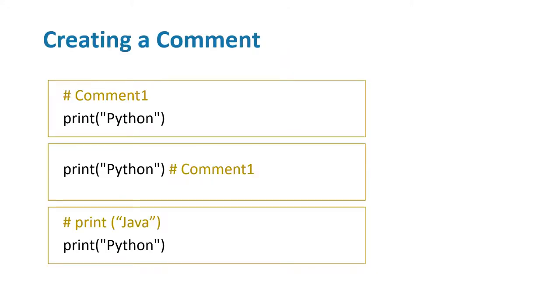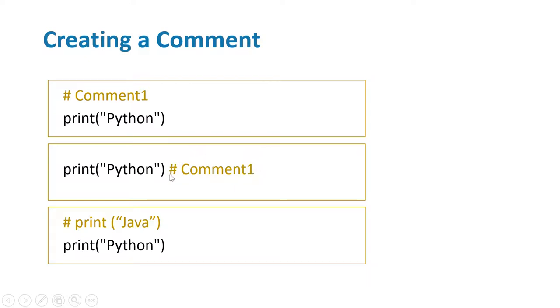Okay, so let's start looking at the different ways of creating a comment. In the first example, I have comment one. So it explains what my block of code or piece of code will do. So that's one way of creating a comment. Second way is you can add the comment against the line of code. Here in the second one, it will print this statement print Python, but it will ignore the comment one.